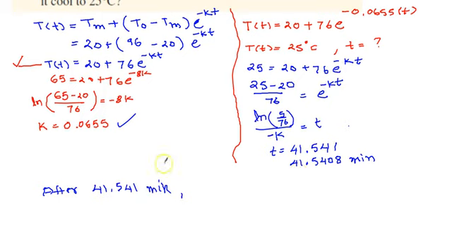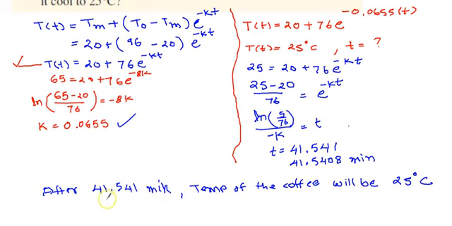Now comes the what. So this is a coffee. So temperature of the coffee will be 25 degrees centigrade.